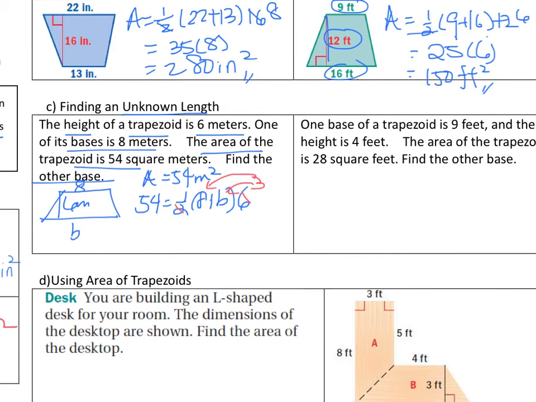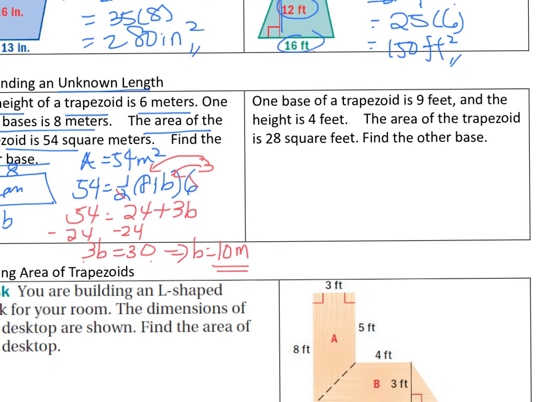So the next step will be 54 equals 24 plus 3b. And I'm going to subtract 24 from both sides to get 3b equals 30. And then I'm going to divide both sides by 3, so b should be 10 meters.